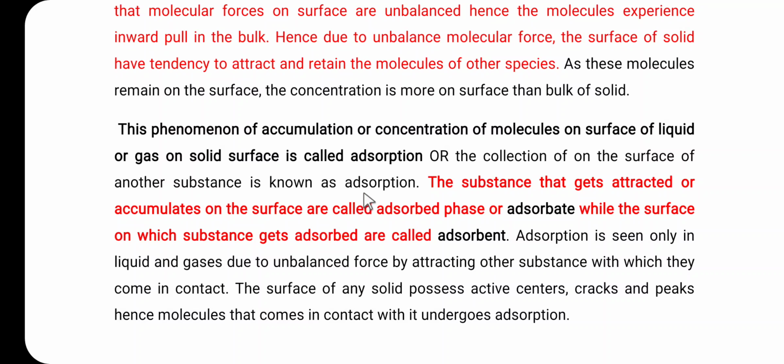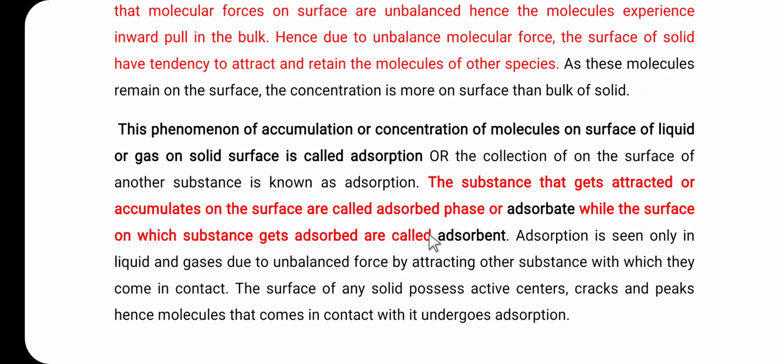The substance that gets attracted or accumulates on the surface is called the adsorbed phase, or the adsorbate, while the surface on which the substance gets adsorbed is called the adsorbent.